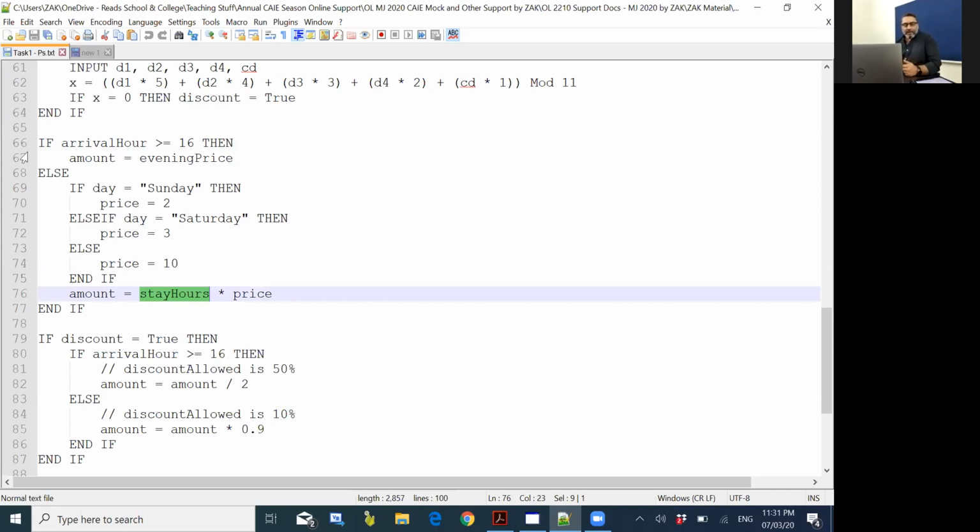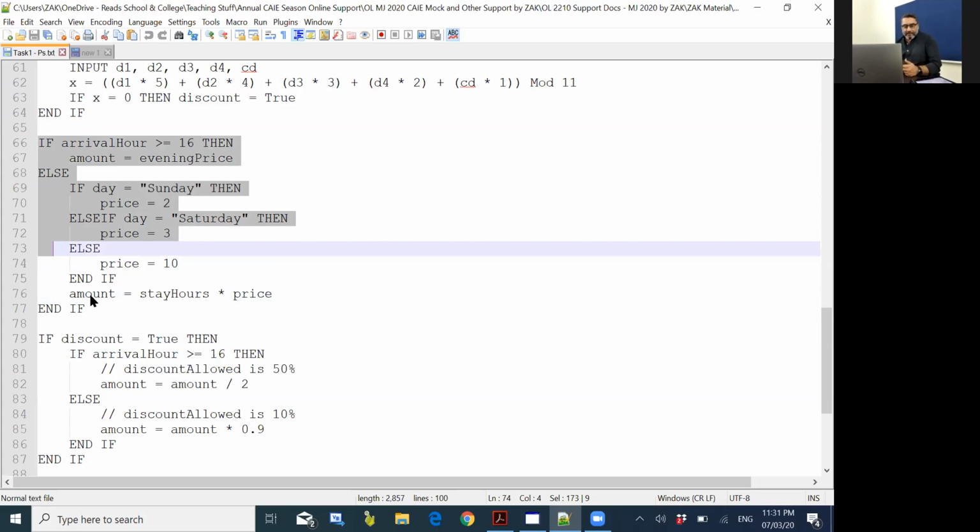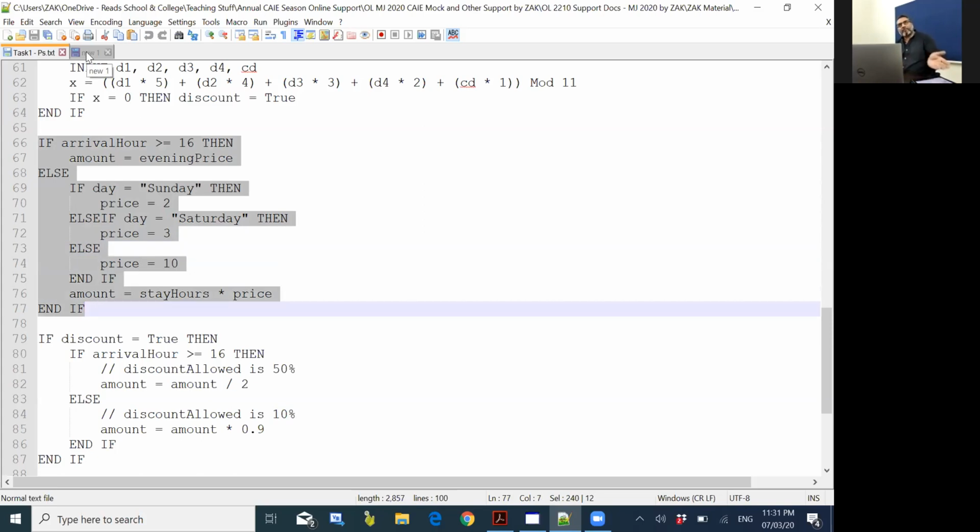Now, when this particular part gets to task 3, first we would have to look at how many hours they stayed between 8 and 15:59, and how many hours they stayed afterwards. Afterward hours, no matter how many they are, will only be charged 2, and before it they will be charged the price which we have decided as per the day.